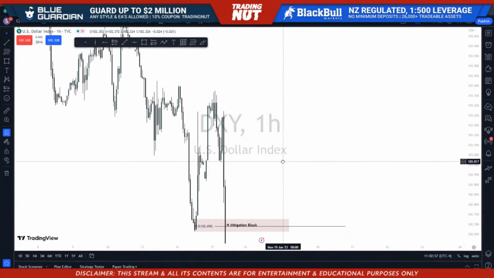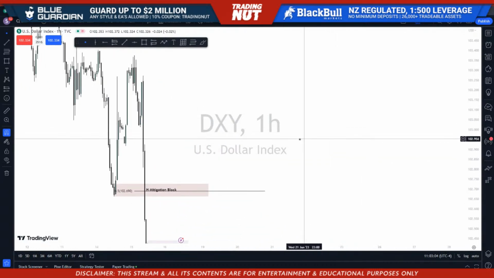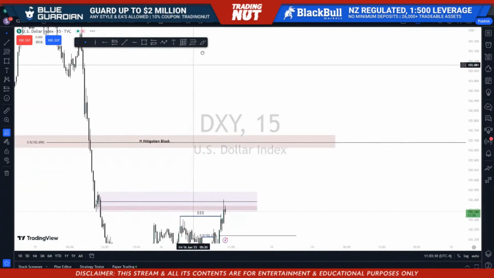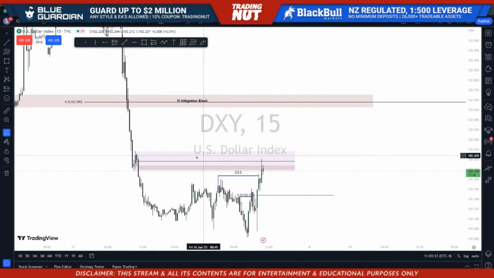It wants to continue higher. We have breaker here, as well as this liquidity void, which we can use inversely. Because we're ICT, we can cut through candles, unlike smart money. On the 15-minute chart, we're still watching this order block to see if it wants to go past it. It's respected the quadrants, and it's respected the consequent encroachment.